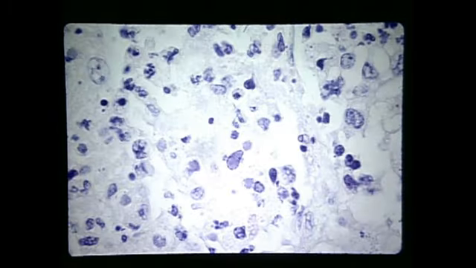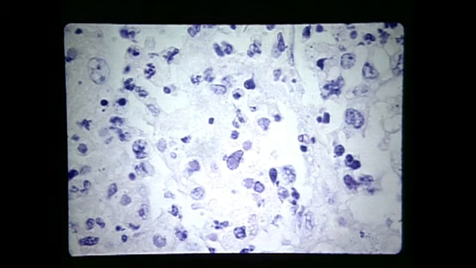I think either the release of products from Rhodococcus equi or sequela to the inflammatory response to the presence of Rhodococcus equi may induce the secondary pattern of interstitial pneumonia.